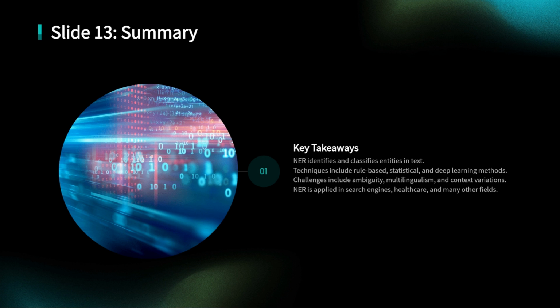Despite challenges such as ambiguity, multilingualism, and diverse entity formats, NER remains a core tool in a wide range of applications, including information retrieval, question answering, and healthcare. As deep learning and multilingual models improve, the future of NER looks promising, with further advancements in accuracy and domain adaptability.